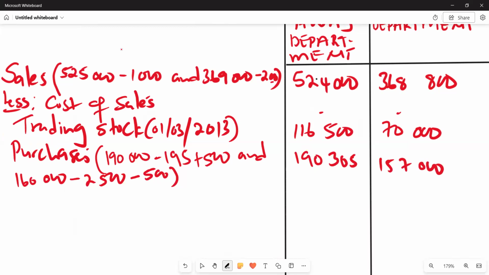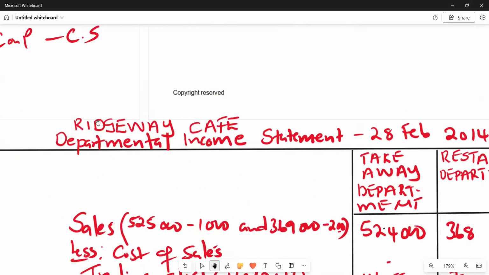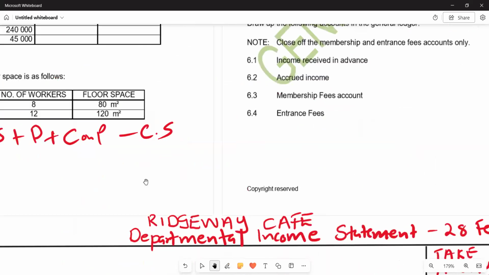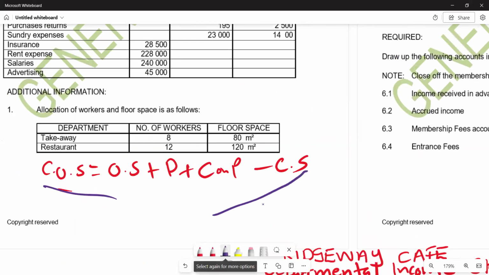Then we go and check in terms of our carriages. Remember, we are dealing with the trading account at the moment. So basically this formula that we are having here applies, it's shown in the trading account.